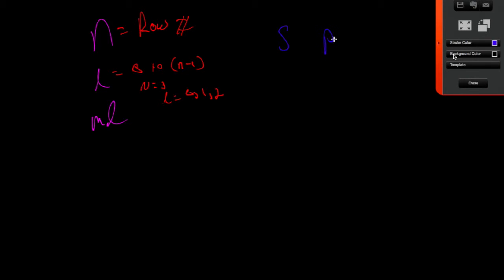S, P, D, and F. These zones happen to be given numerical values as designated by L. So S would mean L is equal to 0. P would mean that L is equal to 1. D would mean L is equal to 2, and F would mean L is equal to 3.